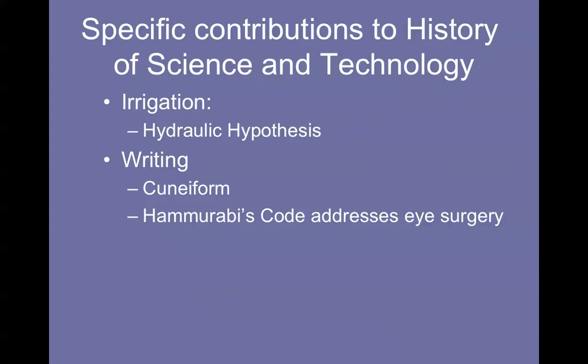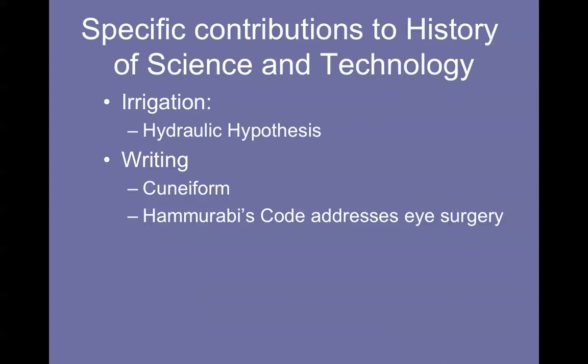And as we said earlier, we get this law code called Hammurabi's Code, which helps us to understand how that society is organized, how that society prepares for war, how that society approaches justice. And one of the specific examples that Hammurabi's Code offers is this idea that doctors are held accountable for the patients whom they blind.